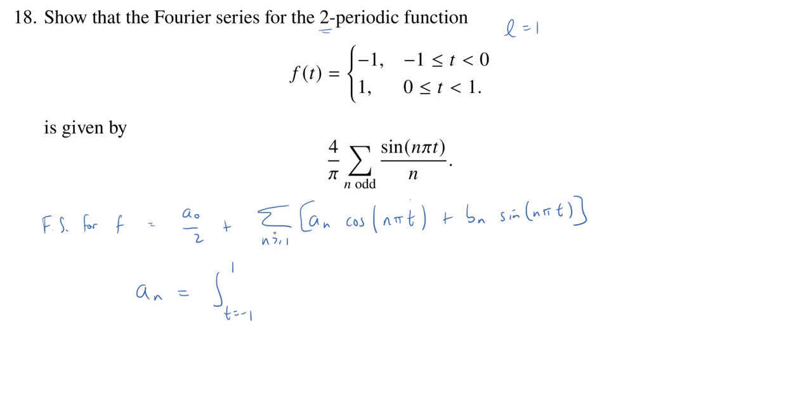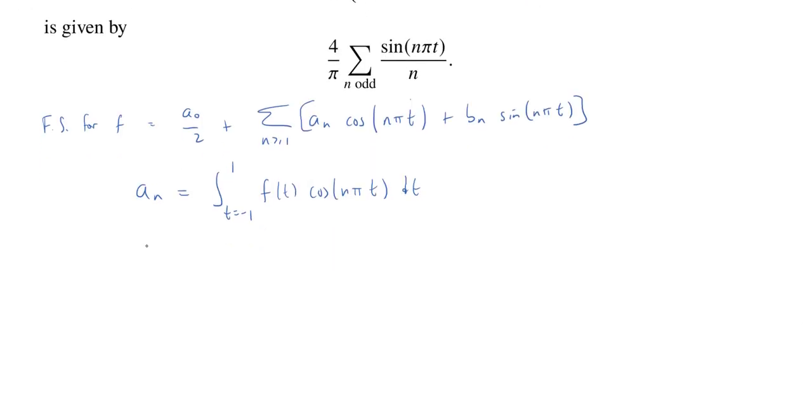Then we have our function, let me just write f of t in here for now, times cosine of n pi t dt. And then of course we have the same thing for our b sub n, only we replace the cosine with a sine. So this is really our job in this problem, to compute these integrals.